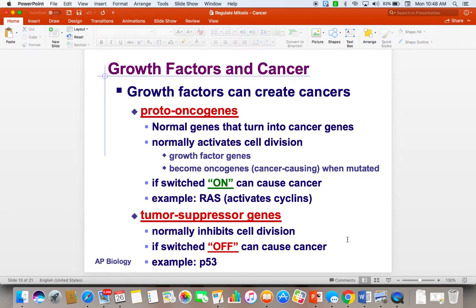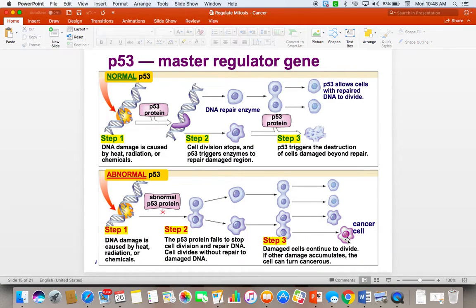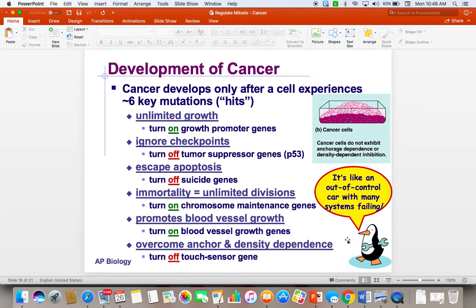In cancer, that doesn't happen, and that's because you have messed up genes. Sometimes the genes are just normal genes and they turn into cancer genes, and sometimes you're just born with cancer genes. So when we look at those, again, they're controlling the cell cycle. P53 is a big cancer gene that is very involved in many different types of cancer. So cancer means that all these things are going to happen.